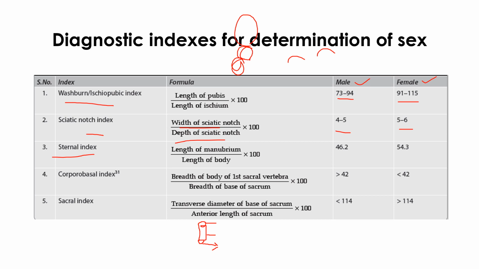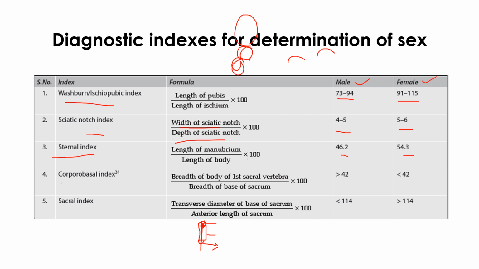Here, the length of the manubrium is divided by the whole length of the sternum and multiplied by 100, and the value is 46.2 for males and 54.3 for females. So this is quite different: for males it is less and for females it is higher.